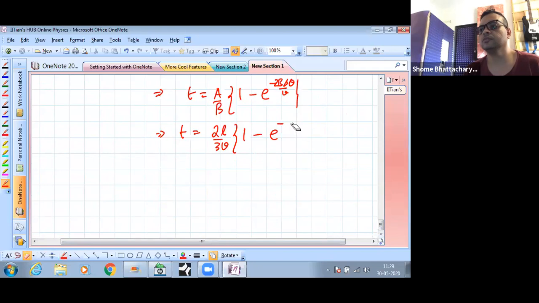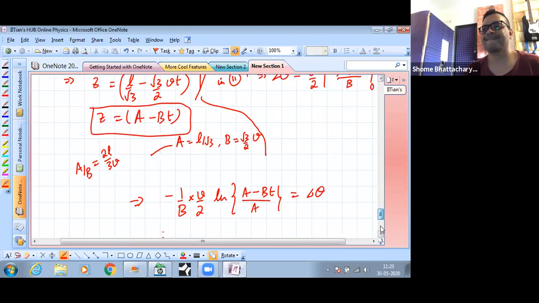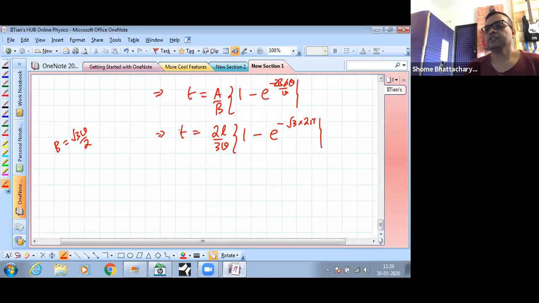So it will become root 3 into 2 pi. b was root 3 v by 2. Alright, so this gives you the time.